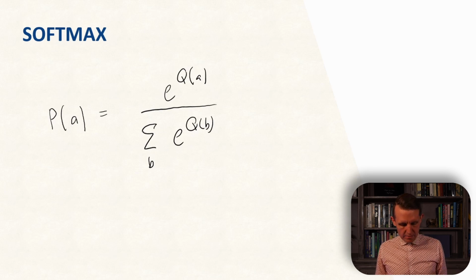Because the denominator, summing over all of the actions, is the same for every action we choose, if we calculate this expression for every arm A, we get the probability distribution over arms. Then we choose an action randomly using that distribution.